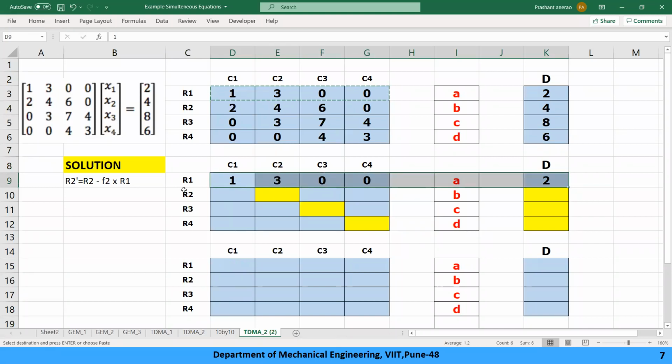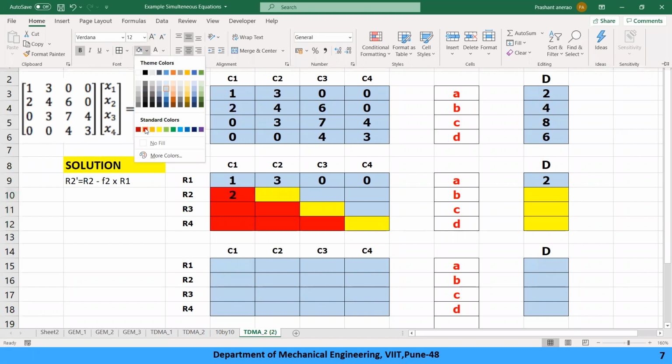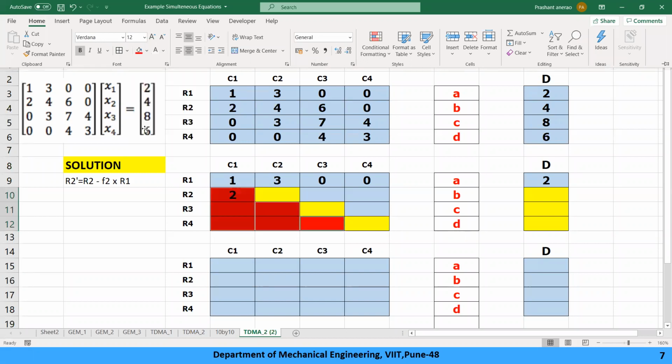Now in row number 2, this 2 is not going to change, I wrote it as it is, because I know that it is going to be 0 later. We don't operate on that term because this part is going to be an upper triangular matrix in the latter portion. These all three values are going to be zeros.